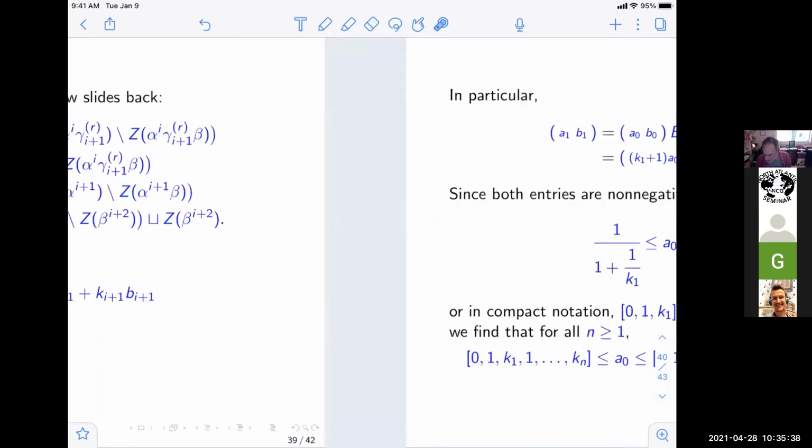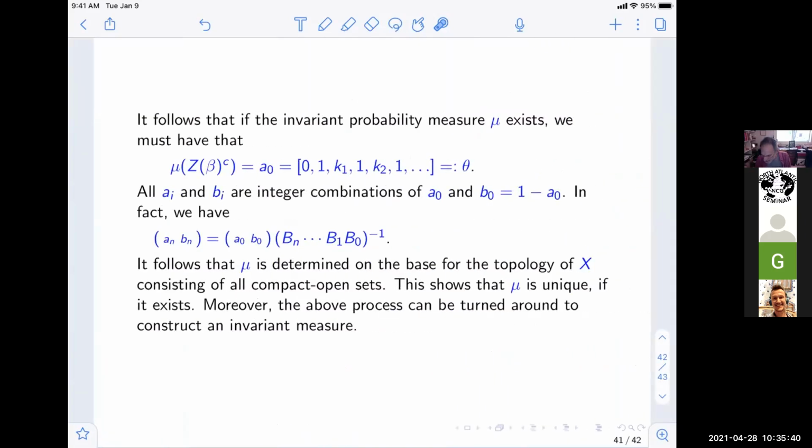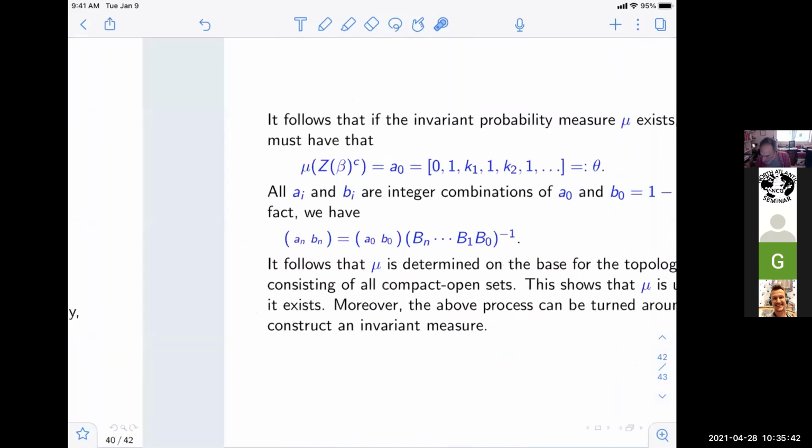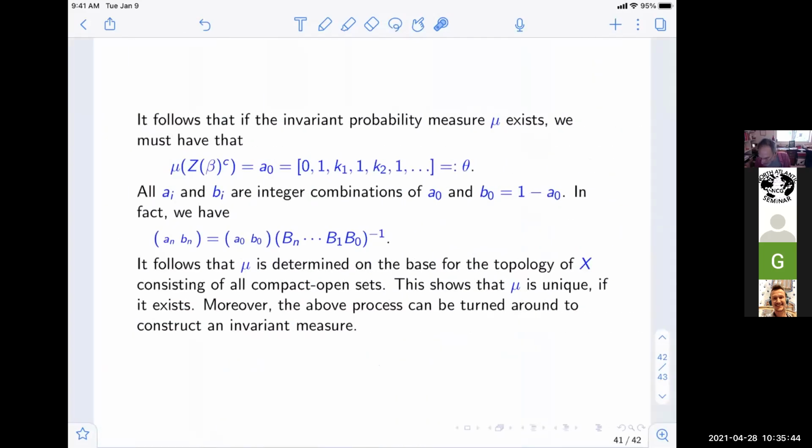So all of these elements, A_i and B_i, are integer combinations of A_0 and 1. So they're all in Z theta plus Z. So mu is completely determined on the base for the topology. And so it's completely determined. And this is how you can prove uniqueness of this measure.